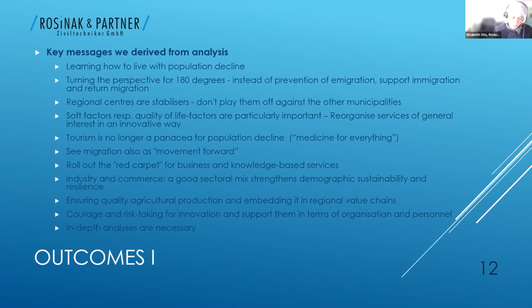We have to draw a picture of how to overcome this picture of everlasting growth: degrowth, qualitative growth. We should turn the perspective by 180 degrees. Instead of the prevention of out-migration or emigration, we should support immigration and return migration.